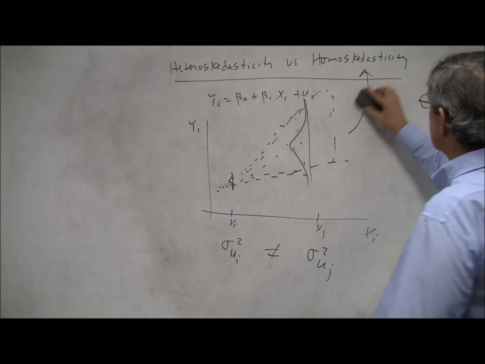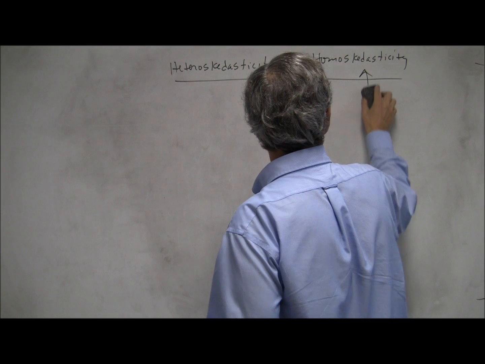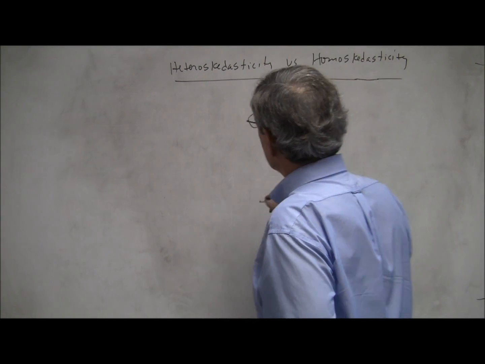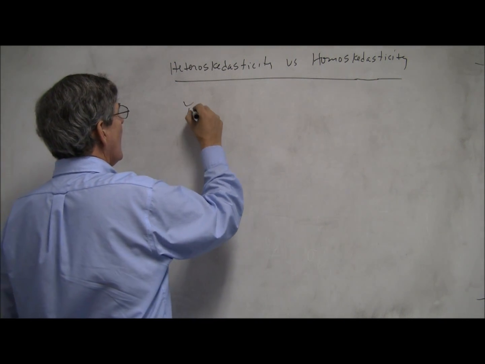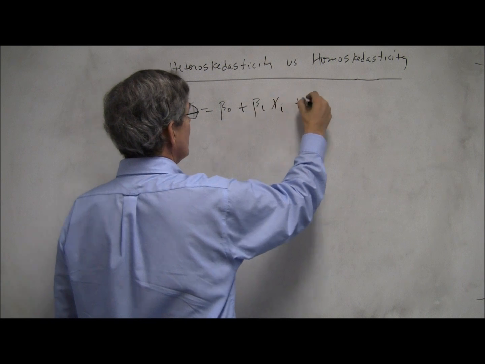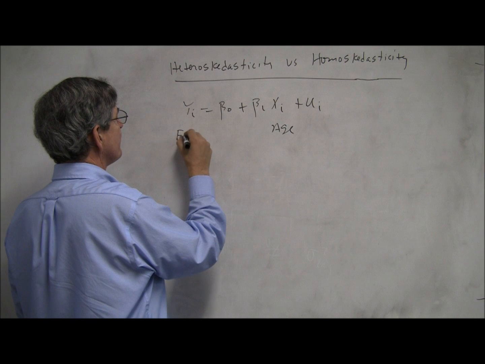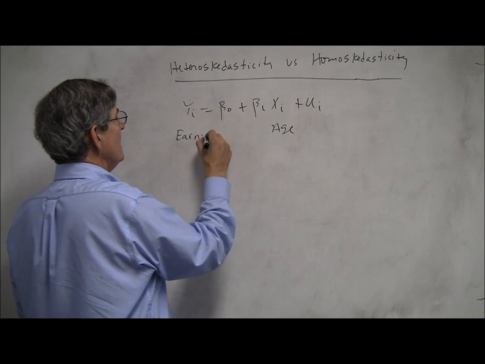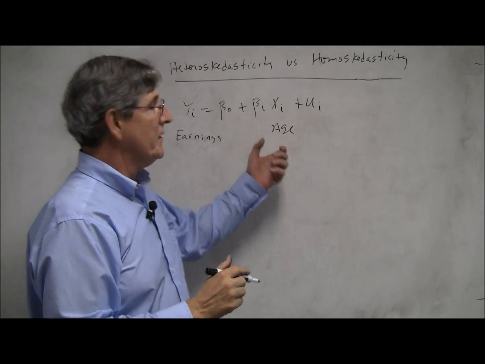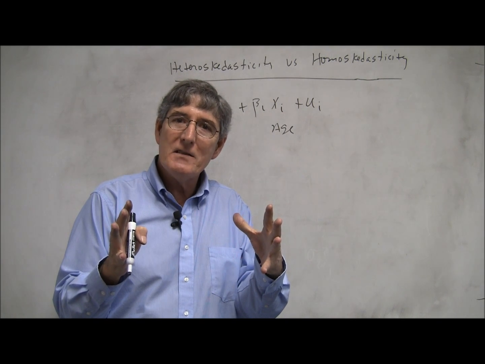Now, heteroscedasticity arises quite naturally in a lot of economic applications. Suppose, for instance, we're running a regression yi equals beta naught plus beta 1 xi plus ui. This is age, and this is earnings. So we want to know how earnings depend upon age. When you're young, your earnings are fairly small, and the variance of those earnings is fairly small.